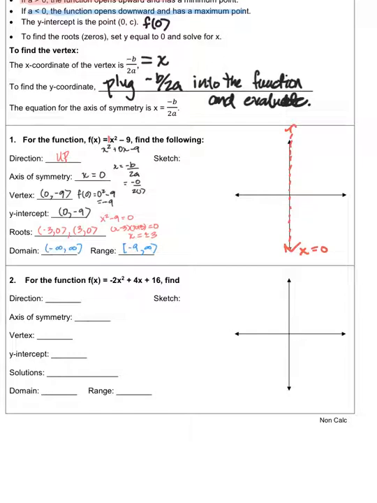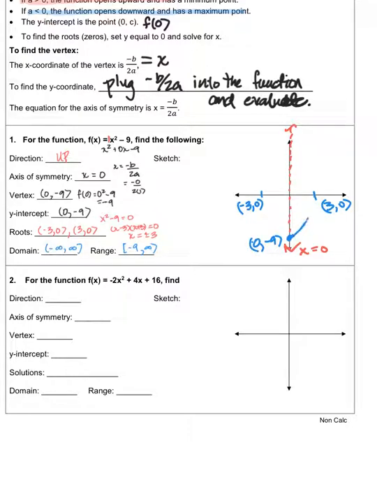And so the vertex is (0, -9), so I'm going to put it right here. And the only other 2 points I know are (-3, 0) and (3, 0), so that would be here, (-3, 0), and that would be here, (3, 0), and this would be my vertex, (0, -9).